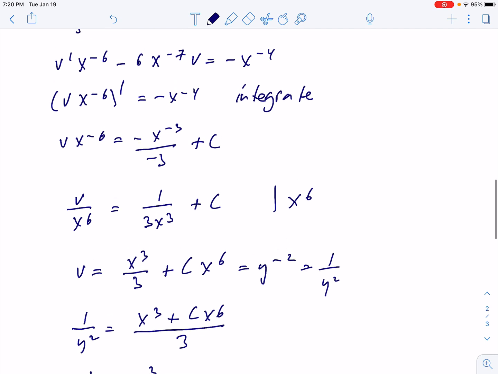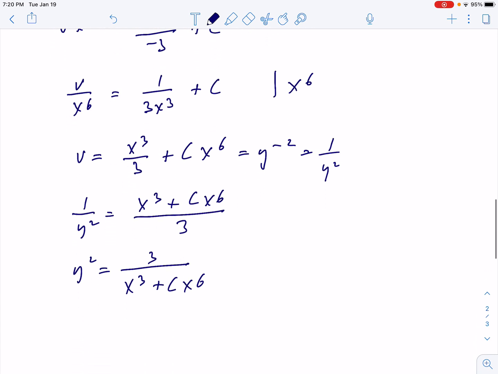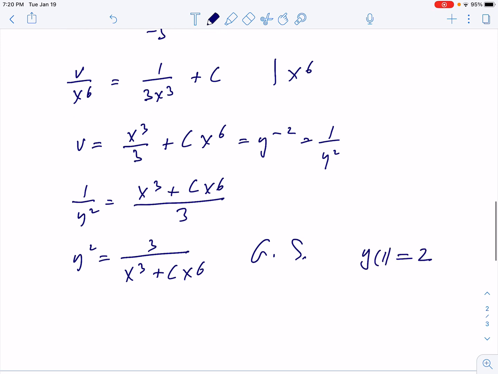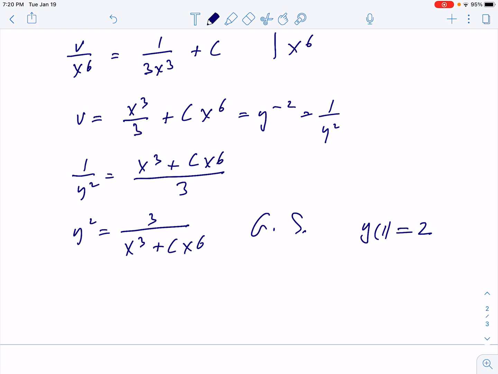Okay, this is our general solution. If we have initial conditions, of course we can solve them. Let's suppose we have the initial condition y of 1 equals 2. With this initial condition, we set x equals 1, and then y will be 2, so there will be 4 equals 3 over 1 plus c.